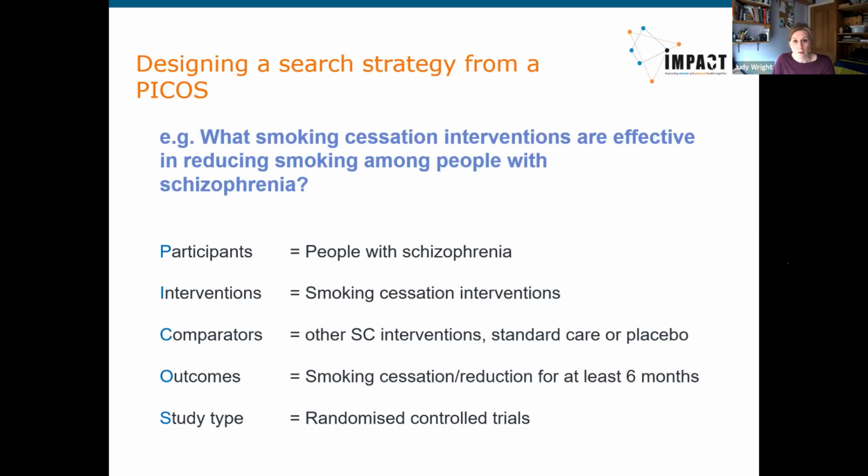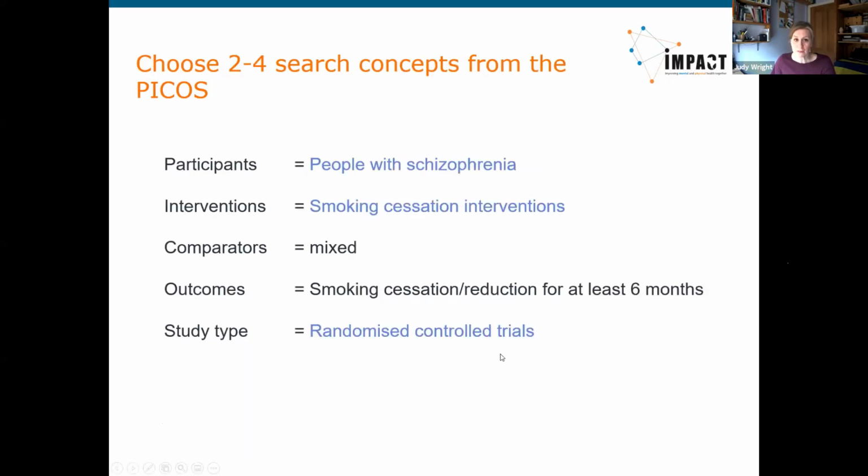They're the most simple concepts, they have the fewest number of alternative terms, and we feel most confident of doing good searches in them. So for this example, the people with schizophrenia is a relatively simple search for us to do. There's not many different ways of saying schizophrenia, so that's good.